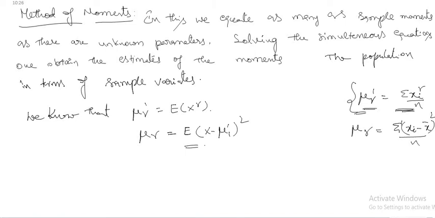If x follows some distribution with some probability, either a discrete random variable or continuous random variable, we take expectations. Now, if any distribution has k parameters, then we find the first k moments. Then we solve. That is what these two statements say.